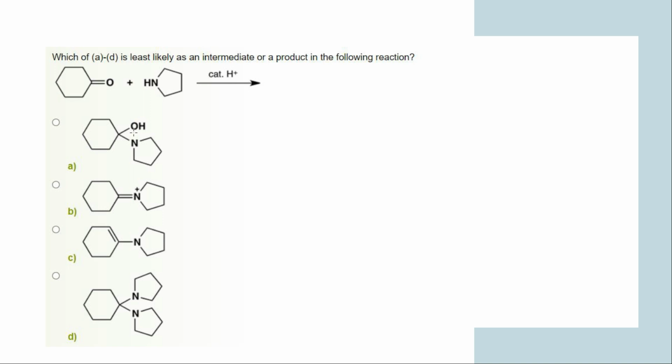This hydroxide gets protonated by taking up a proton from the reaction medium, and that leads to the formation of oxonium here. One water molecule, a positively charged water molecule, will get linked here. Now you need to eliminate this water.